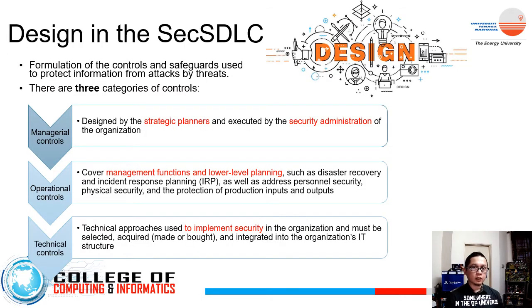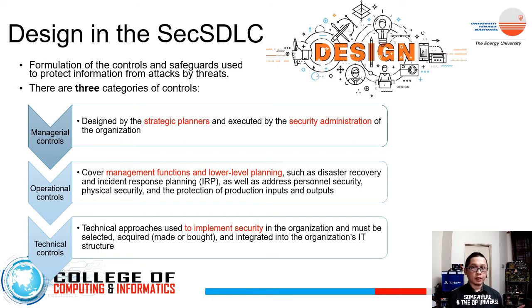Now, further looking into the design phase in the SecSDLC, it can be categorized into three types of controls. You have managerial controls, followed by the operational, and lastly, the technical control. Of course, management control or managerial starts from the strategic planner and is executed by the security administration of the organization. This simply means the current policy that people must understand and follow with regard to protecting the asset.